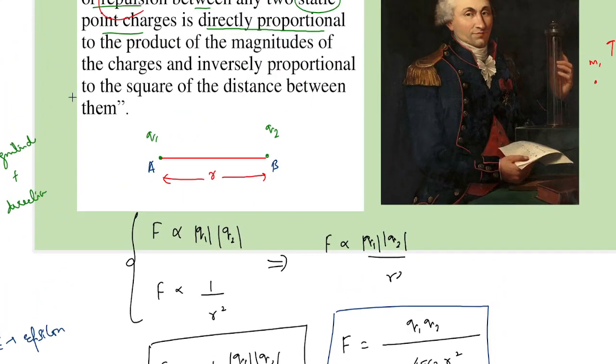Let us define a unit vector called r cap. This r cap is defined to be from A to B. So I'm defining this to be along A to B like this. This is called r cap.